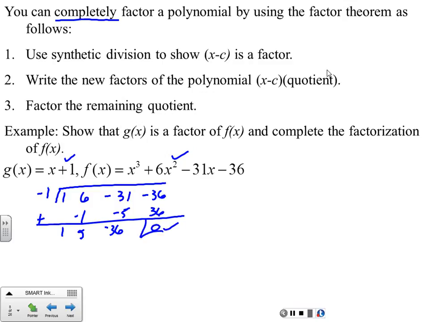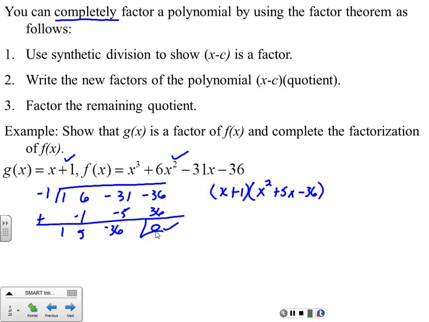And we just proved it. So now this is what we have. We have x plus 1 is a factor, because I just proved it by coming up with a 0 remainder. And my other factor right now is x squared plus 5x minus 36.